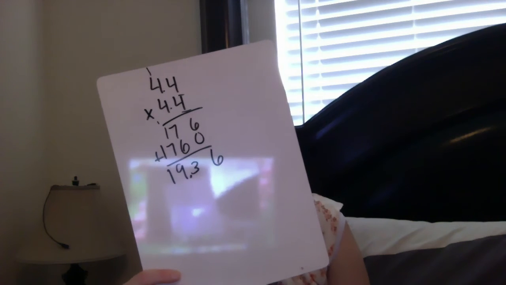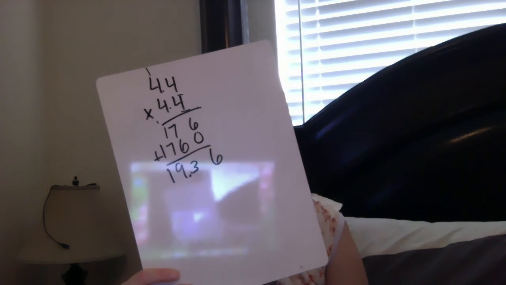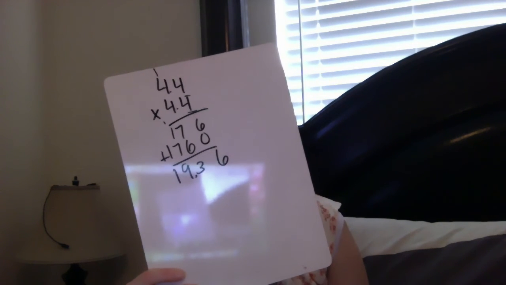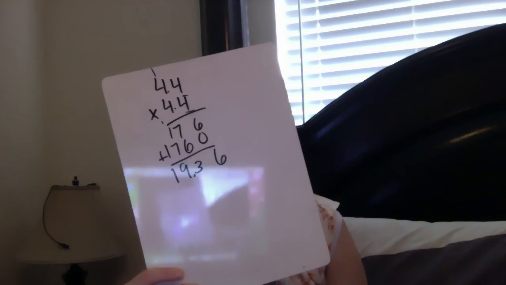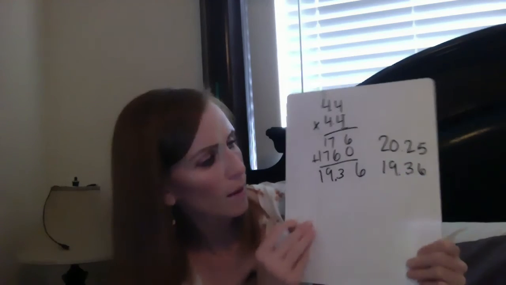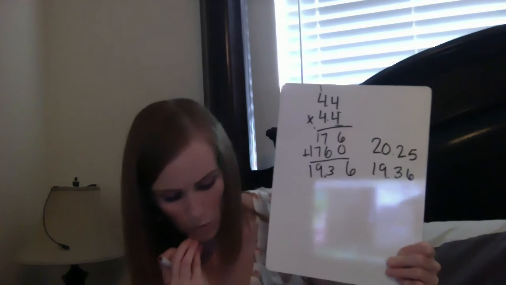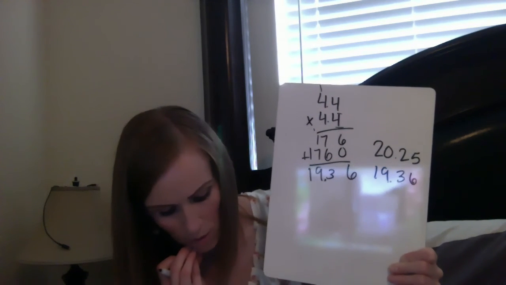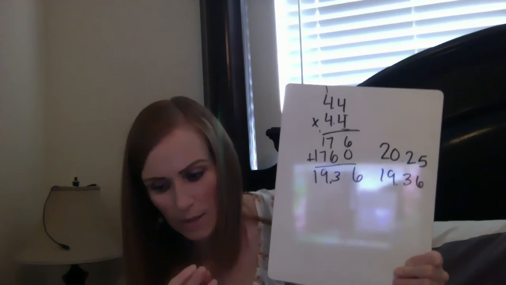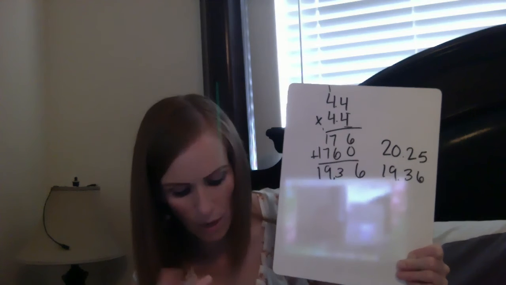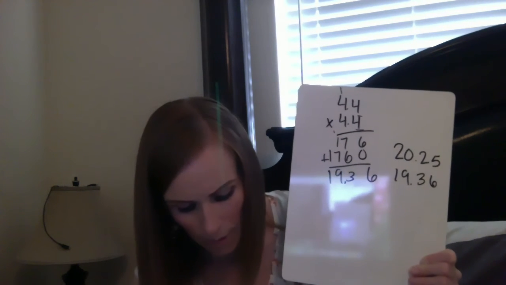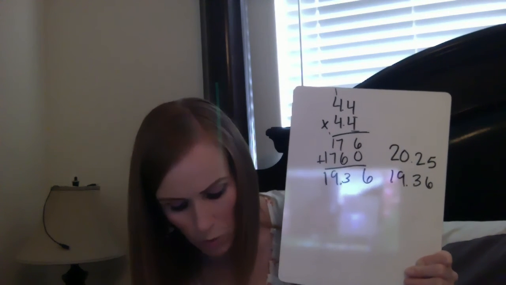So the square root of 20 is more than 4.4, but less than 4.5. But between 20 and 25 hundredths and 19 and 36 hundredths, it is actually closer to the 20.